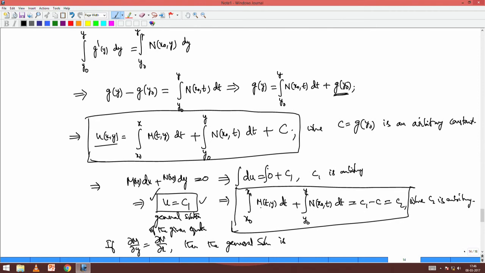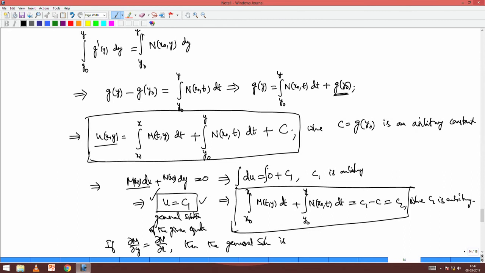Whether y is there or not, you simply integrate the term involving the coefficient of dx, that is the term m, with respect to x from some x naught to x, definite integration. So, you can fix your x naught y naught as 0 in practice. And n, you fix x naught and you integrate with respect to the other variable y.